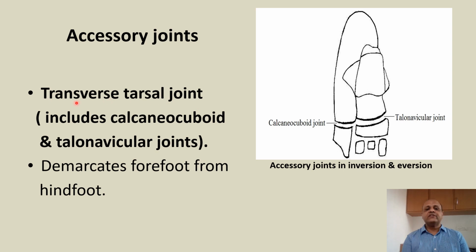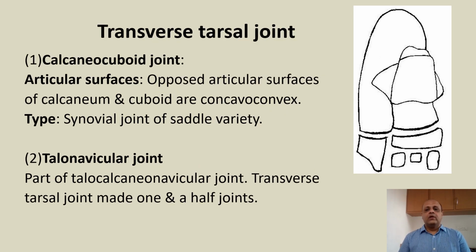And this transverse tarsal joint, students, demarcates the forefoot from hindfoot. So these are the components of forefoot, while these are the components of hindfoot. So the accessory joint is the transverse tarsal joint, which in turn is made up of two joints, the calcaneocuboid joint and the talonavicular joint.